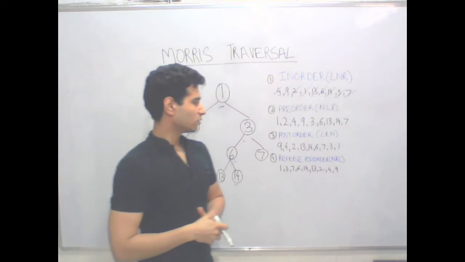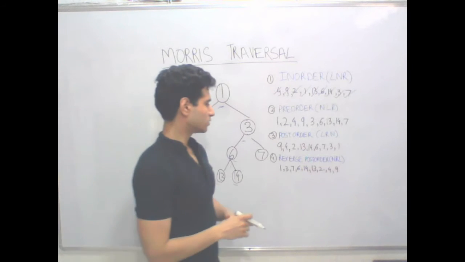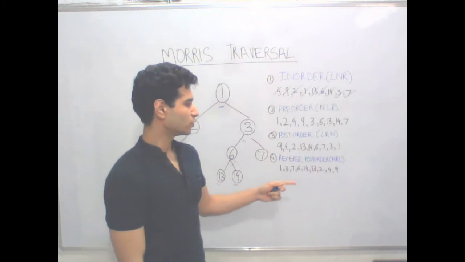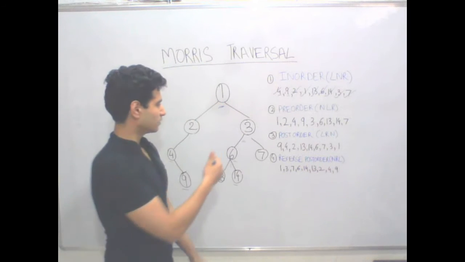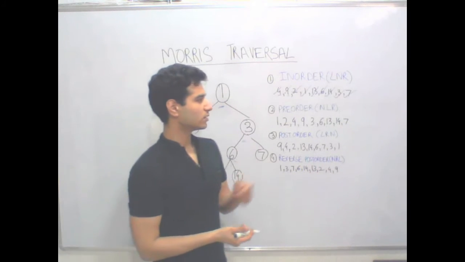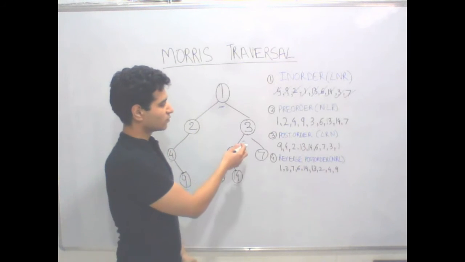And for post-order traversal, there's an easier way to do that. We can just find the reverse post-order traversal, which is node right left. Again, just like pre-order traversal, instead of moving left, we can just move right.